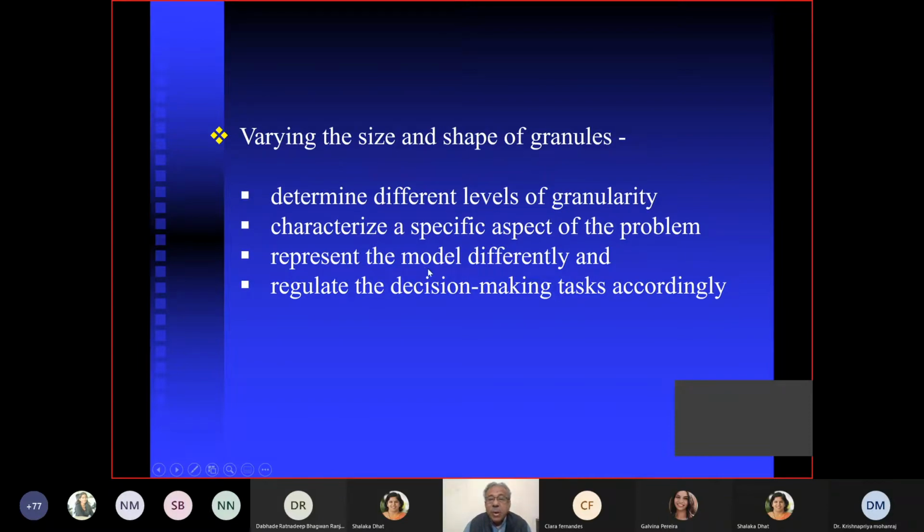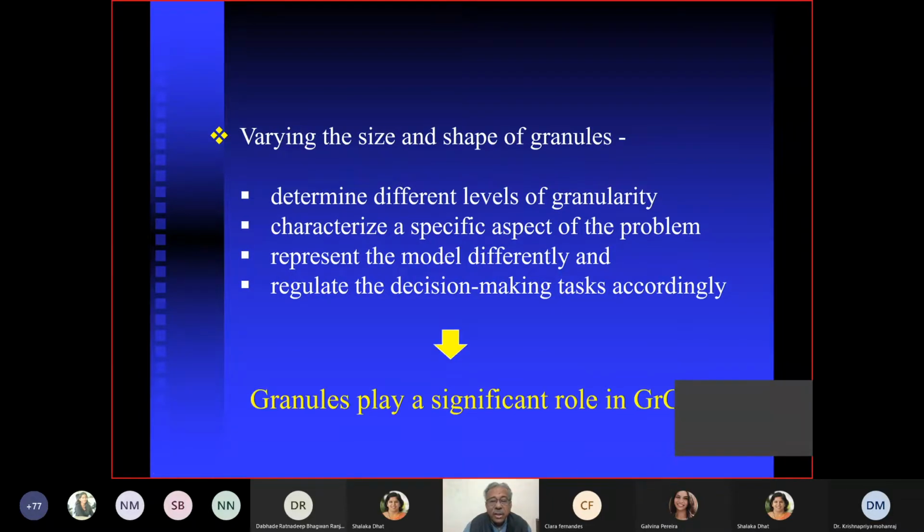It represents the model differently. Different models can be represented in different ways depending on the size and shape of granules. Similarly, you regulate the decision-making task accordingly. That means depending on the granular size and shape, you can regulate the decision-making task. So all depends on the size and shape of granules and your need. Therefore, granules play a significant role in granular computing.